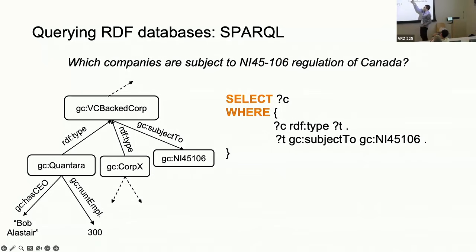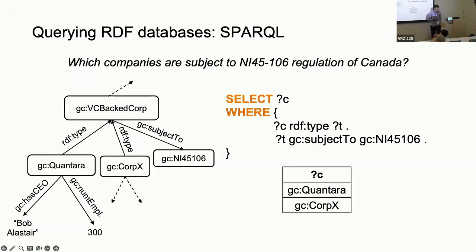So that will find essentially every corporation that is subject to NI 45-106. It will return Quantara as well as Corpex. So that will be your output, right? The way you join is different, and that might take getting used to, but it's really a SQL-like language with a different way of joining. And you get filters, group bys, etc. All of these things are also borrowed in SPARQL, right?